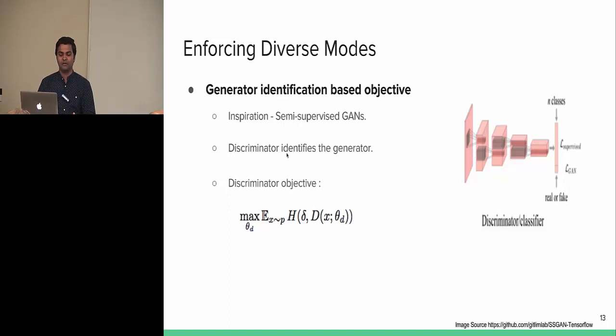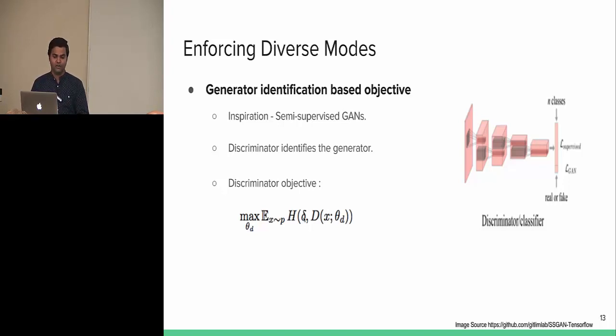So the objective of the discriminator here is to maximize the expectation of negative cross entropy, where this term, D of x given these parameters, is the output of the discriminator, and this is the ground truth, the Dirac delta function of the k plus 1 output.